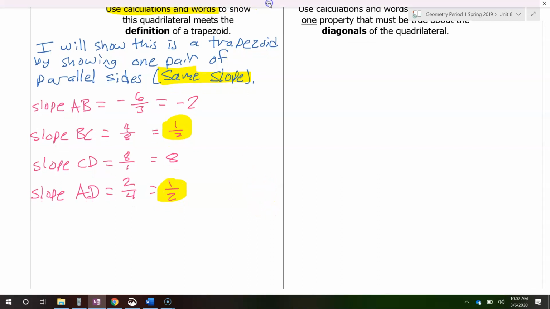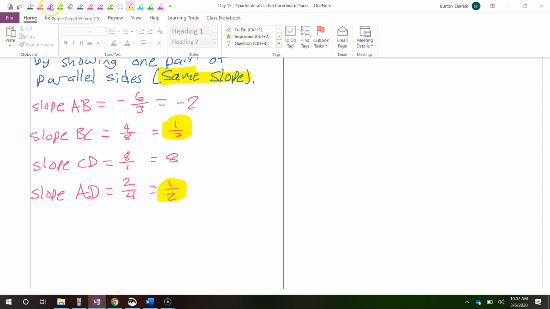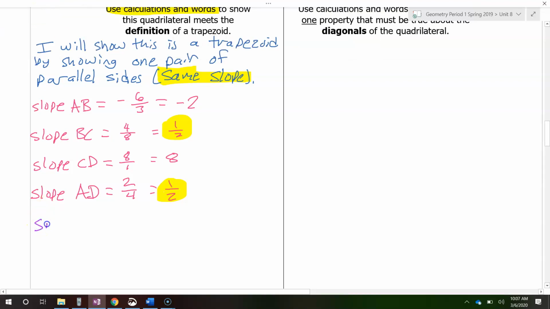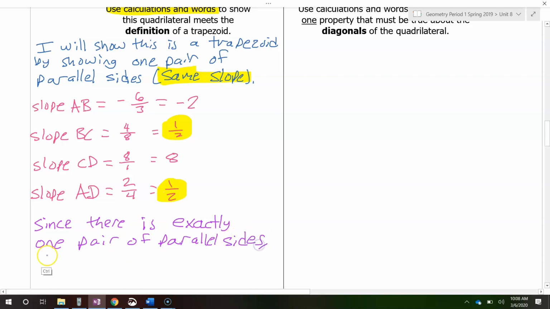So we're ready for the conclusion. Since there is exactly one pair of parallel sides, this is a trapezoid.